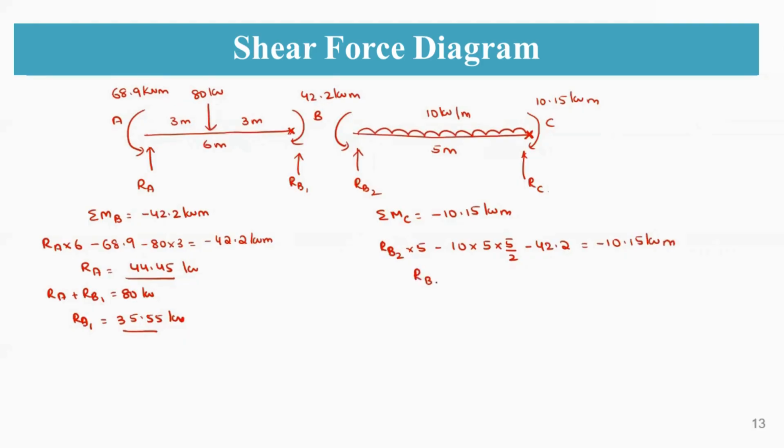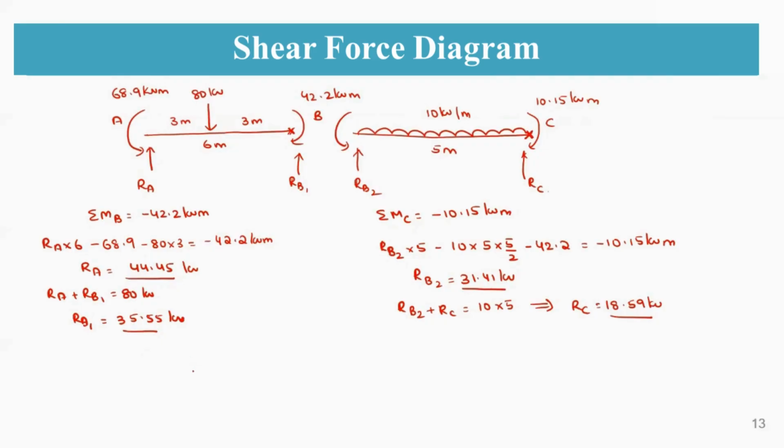So here RB2 you are getting as 31.41 kilonewton. Now RB2 plus RC will be equal to 10 into 5. So this implies RC will be equal to 18.59 kilonewton. So this is your RC and this is your RB2.